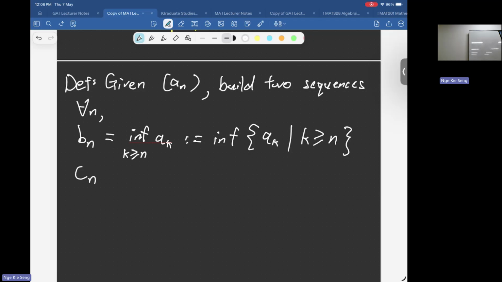What's the relation between B1 and B2? Every time you remove one term in the sequence, and then you pick the smallest one, the greatest lower bound. Can you imagine?